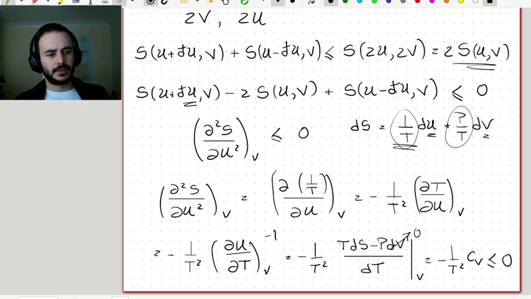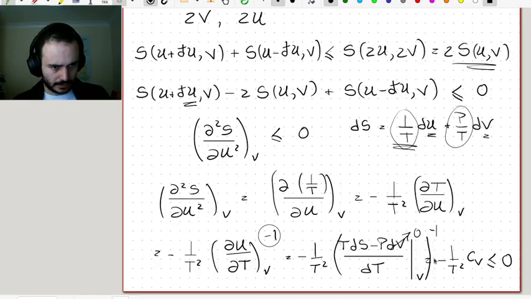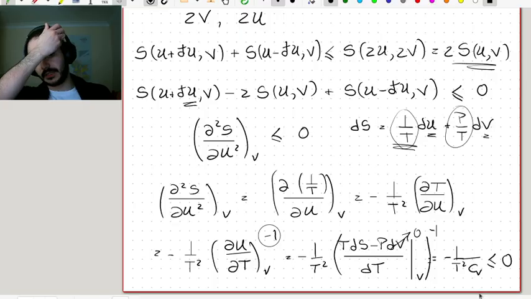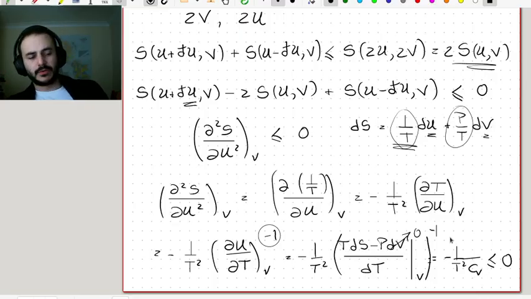Okay, so what this means is that, sorry, I forgot that the whole thing was to the minus 1. So you see that this whole expression here is evaluated to the minus 1. So what you get here really is the prefactor, and then the heat capacity at constant volume is really in the denominator. But anyway, it doesn't matter.